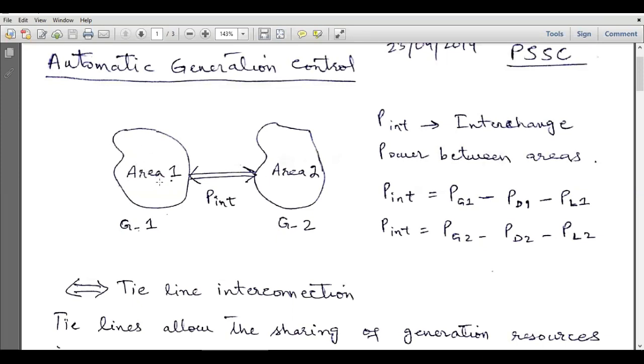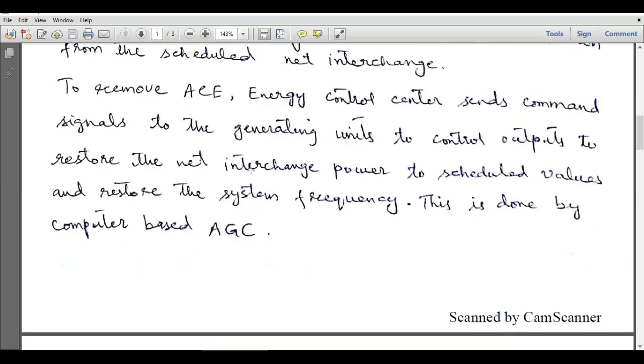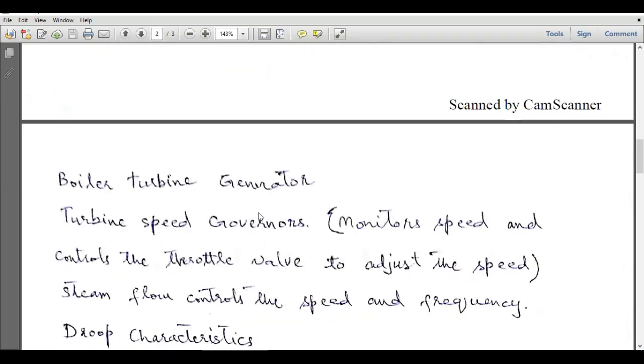So if we have successfully maintained the balance of energy generation and consumption, then the frequency of the system will be restored.